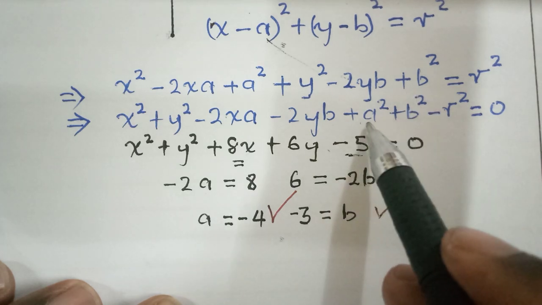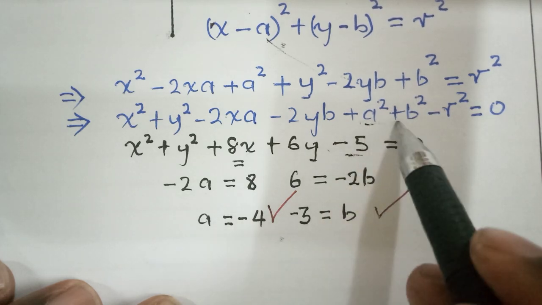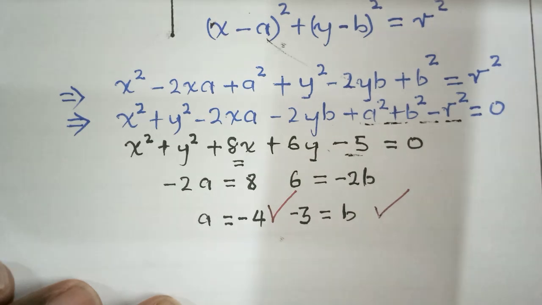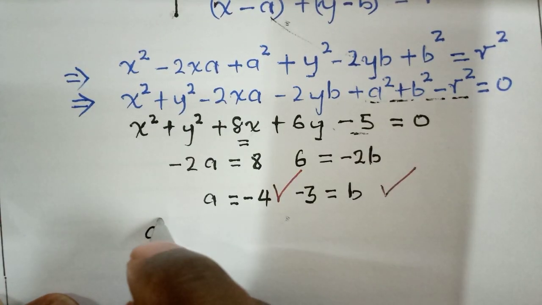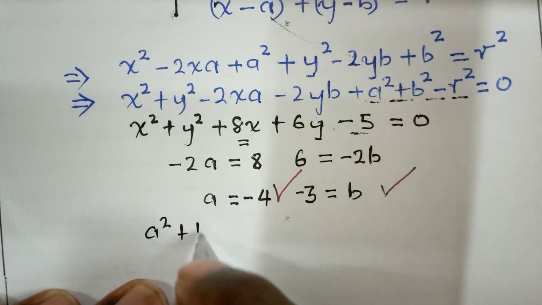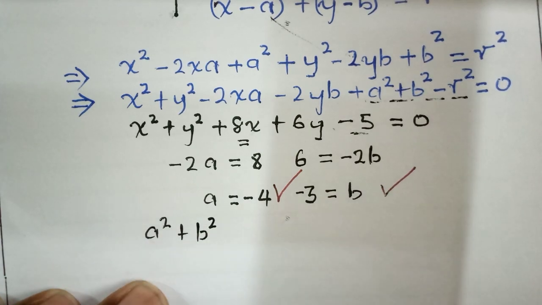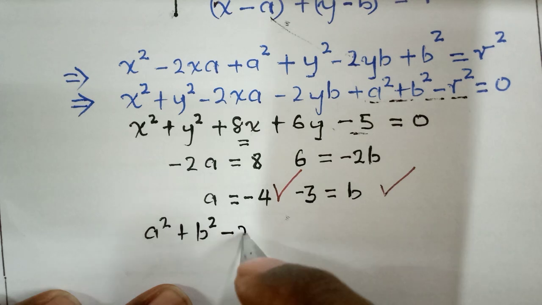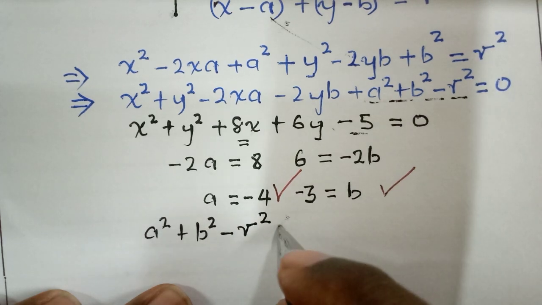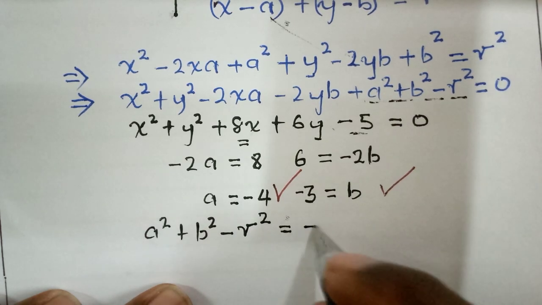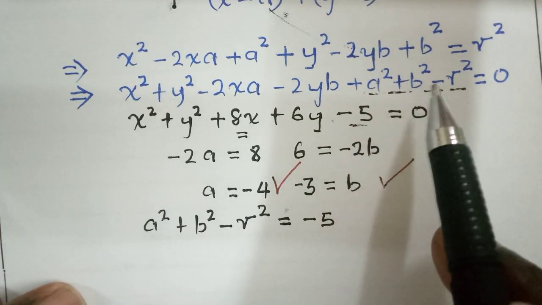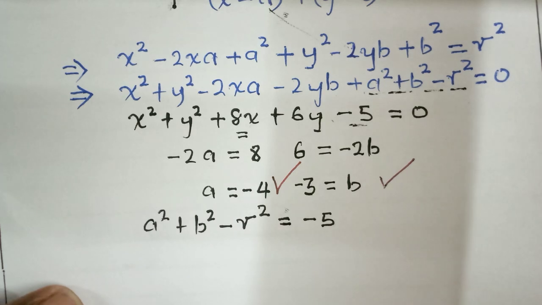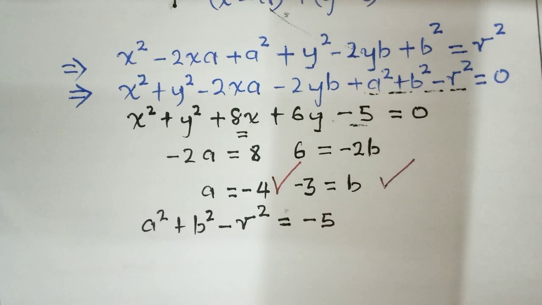So we shall have a squared plus b squared minus r squared, which is supposed to be negative 5, from our comparison. Now we replace our a and b.